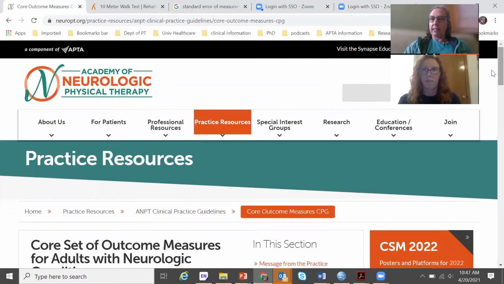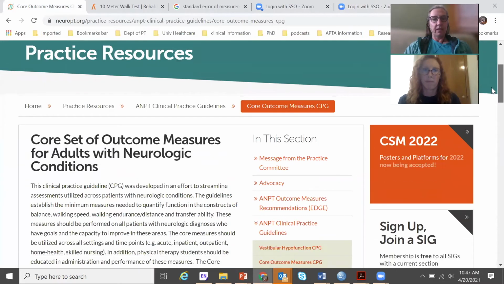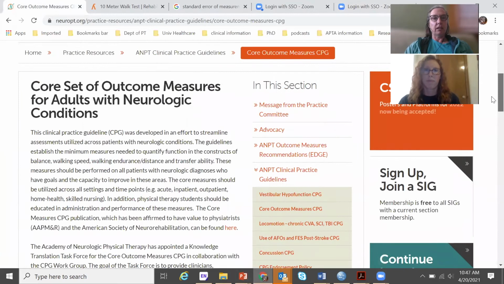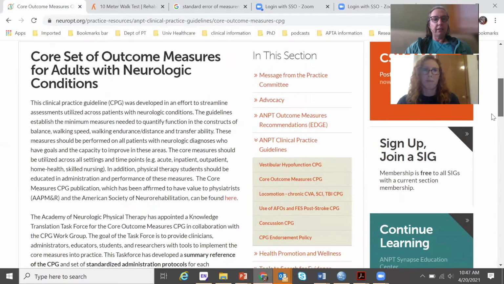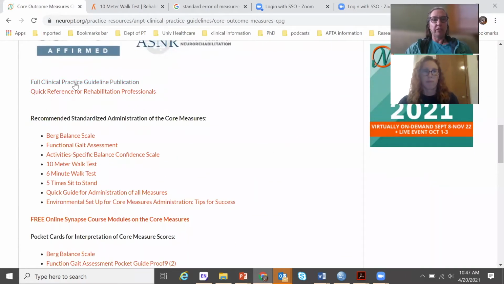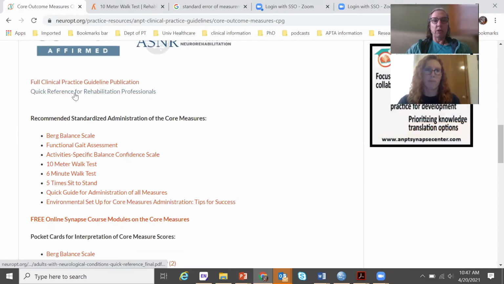When we think about what the core outcome measures are, the clinical practice guidelines were established a couple of years ago, and they can be found on the Academy of Neurologic Physical Therapy clinical practice guidelines. The core set of outcome measures will provide you with information about the full guidelines, also some quick references.